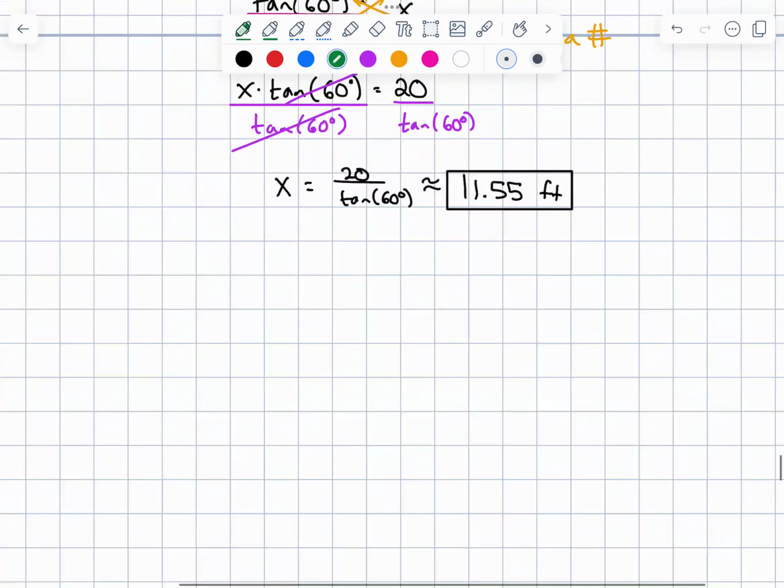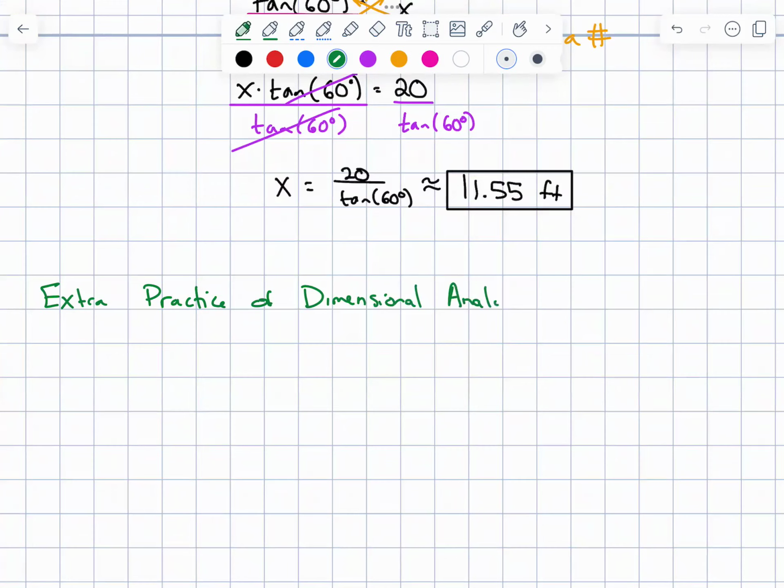So extra practice on dimensional analysis. All right. Let's make up an example. I'll do one that's similar to something on the homework, and then I'll do one that's slightly different.